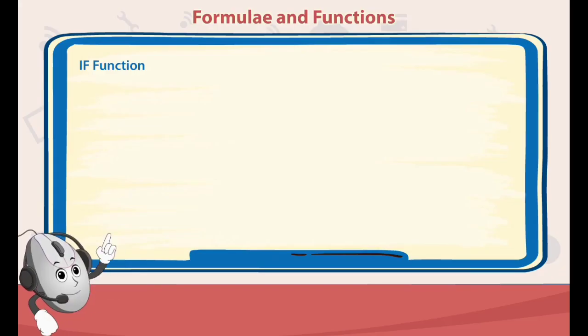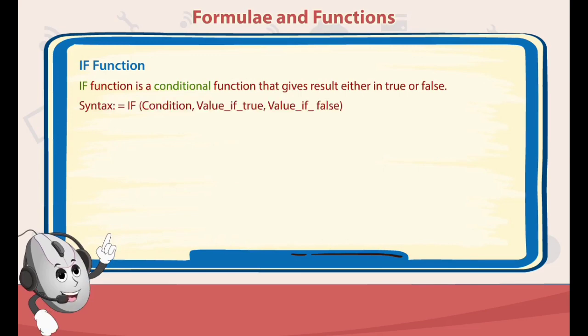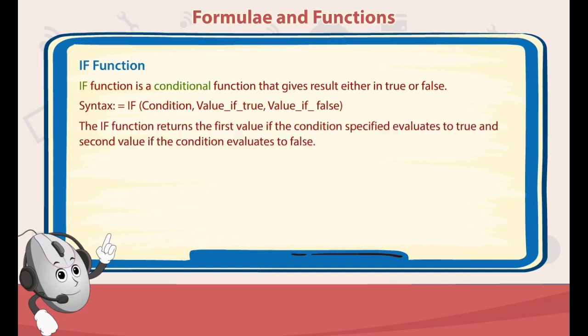IF function. The IF function is a conditional function that gives a result either true or false. Syntax: equal to IF(condition, value if true, value if false). The IF function returns the first value if the condition specified evaluates to true and the second value if the condition evaluates to false.